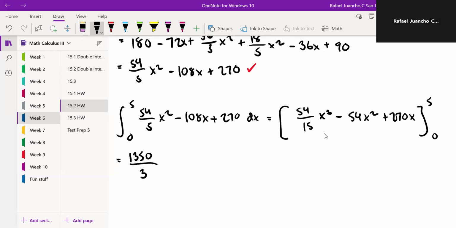And then this one I just do 54 times 5 squared, that's 25, 1350. Okay. And then here I just do 270, multiply that by 5, 1350.